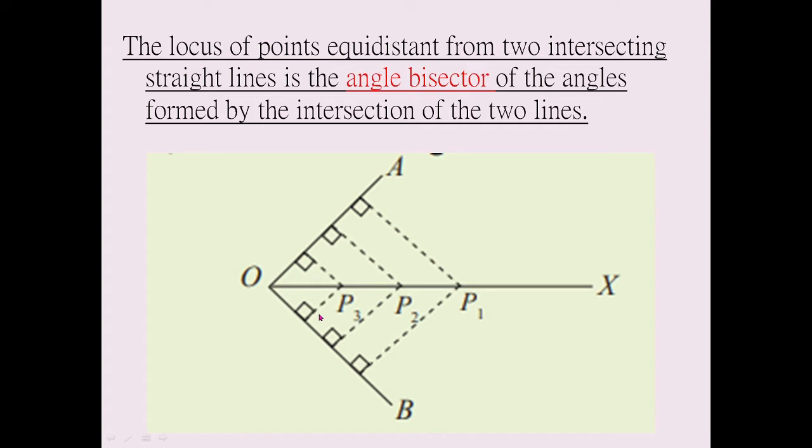So they are equidistant. If we join these points P1, P2, P3, we get the line OX. The line OX is called the angle bisector. So, what is the locus of points equidistant from two intersecting straight lines? It is the angle bisector. Here the angle bisector is OX.